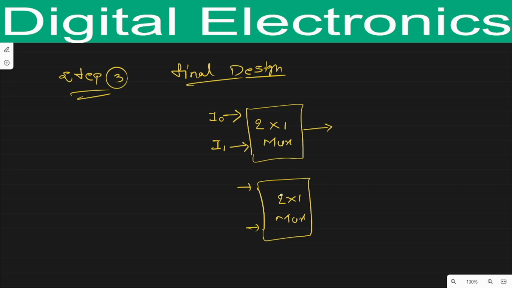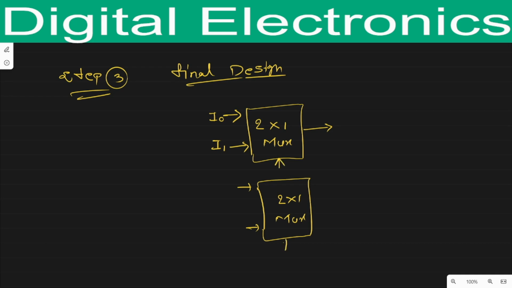Till we are not connecting these multiplexers, we represent these inputs of the second multiplexer as I0 and I1. But when we connect the selection line of the first multiplexer with the selection line of the second multiplexer, we will take the first input of the second multiplexer after the last input of the first multiplexer.